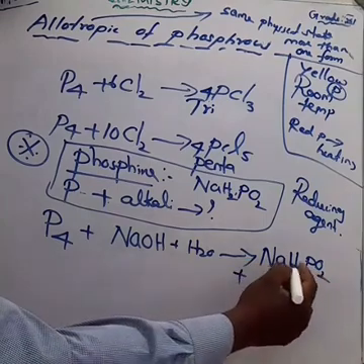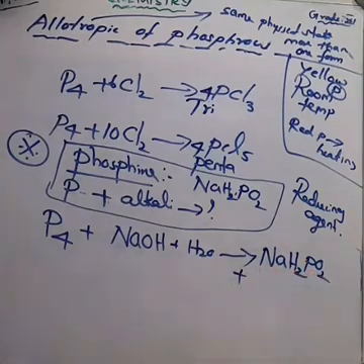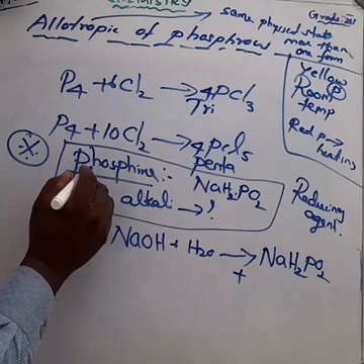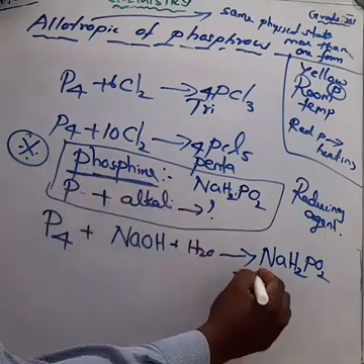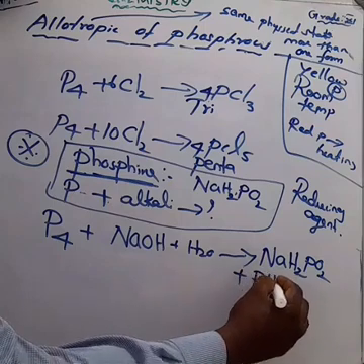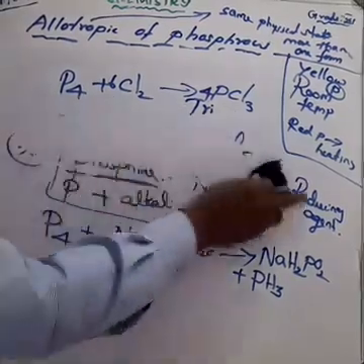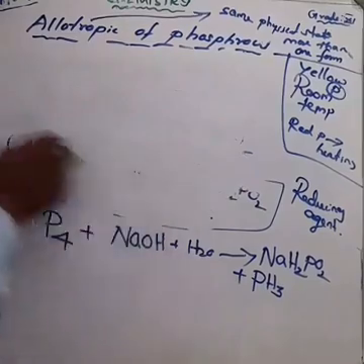NaH2PO2. Am I right? NaH2PO2. And also we get liberated phosphine. What is the formula? PH3. This is one of the gases, am I right? Phosphine. Okay, one of the very important products, phosphine.